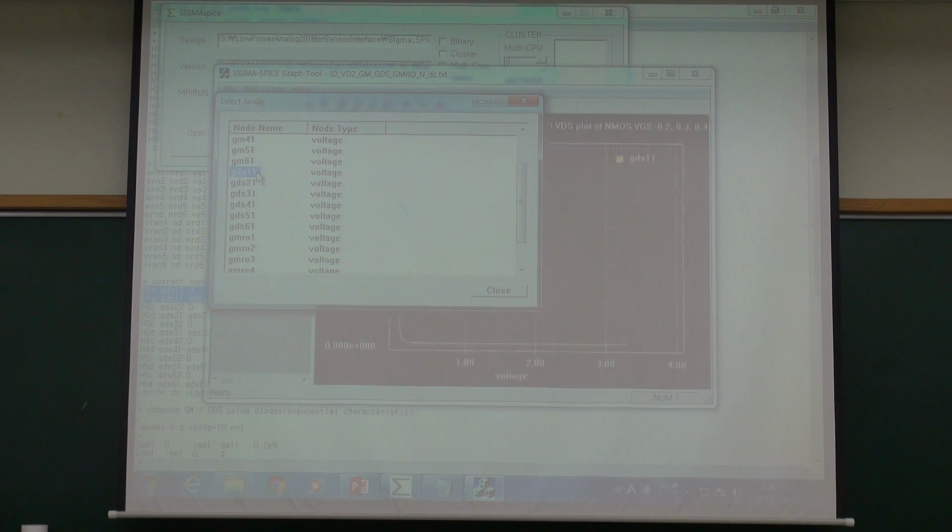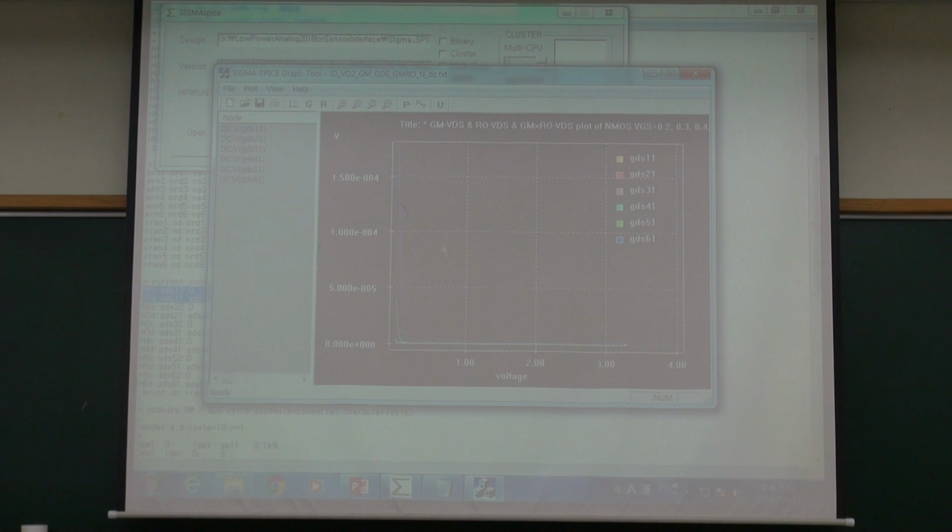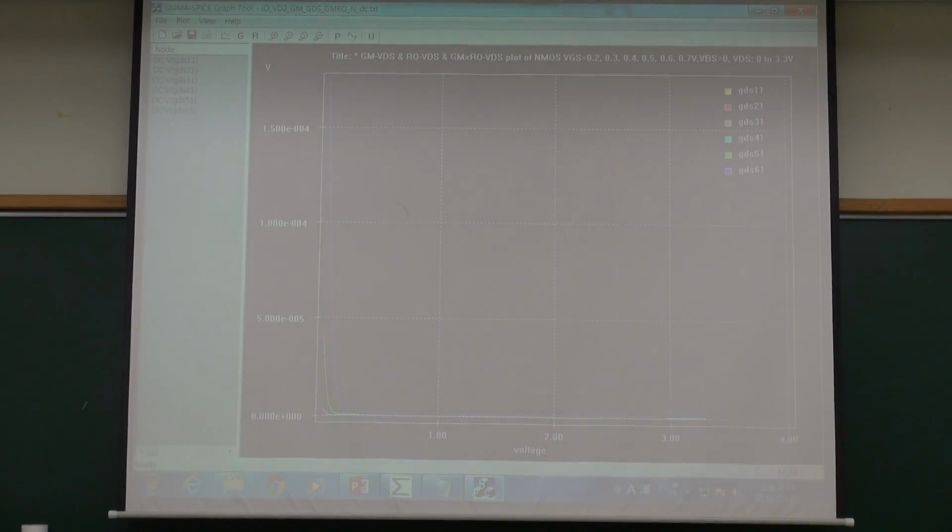This is GDS for a gate source voltage of 0.2 volt, 0.3, 0.4, 0.5, 0.6, 0.7 volt, right? This is the drain source voltage. This is the GDS, right? So if I plot, this is my GDS at the 0.7 volt gate source voltage, 0.6 volt, something like that. Okay. So I have a GM and the GDS. Okay, any questions until now?